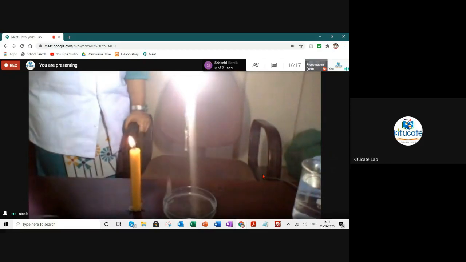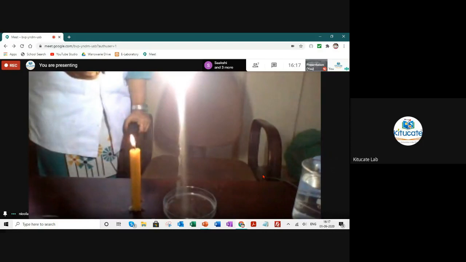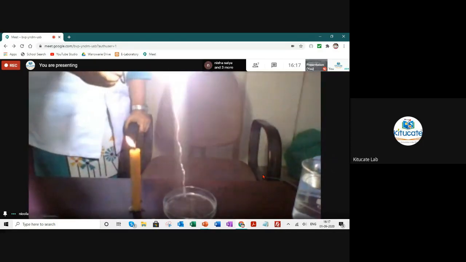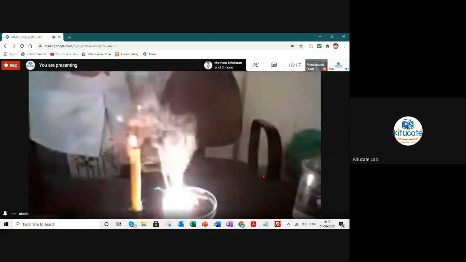So high in light and high in heat. So it is giving away two types of energy, light energy and heat energy. Can you see the white ash that is formed?